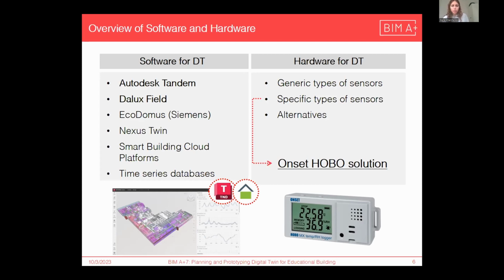As for hardware for digital twin, I reviewed generic types of sensors. By this I mean how to measure specific characteristics by specific types of sensors, as well as communication protocols and network technologies.